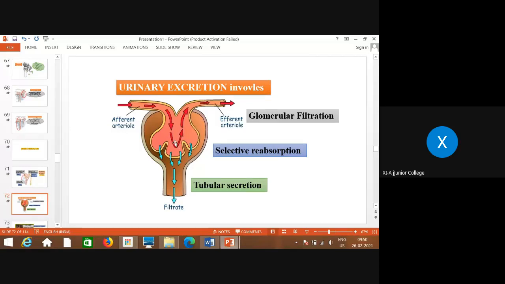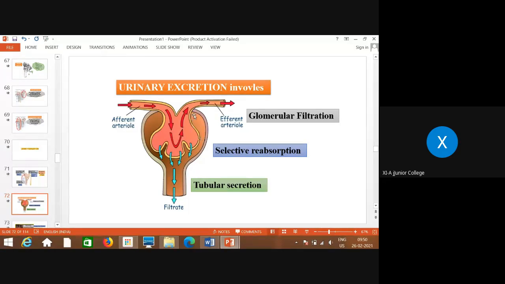Whatever is filtered is called the filtrate, which from this cup-like region, the Bowman's cup, enters the space between the inner and outer layers of the Bowman's capsule, which we have learned.